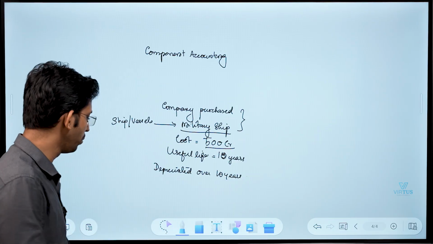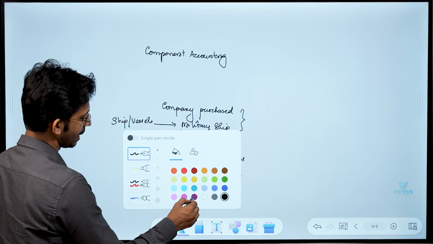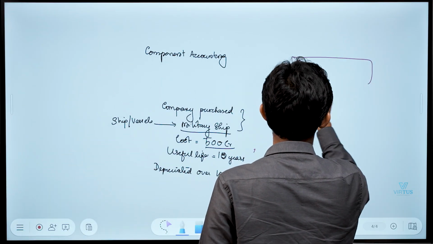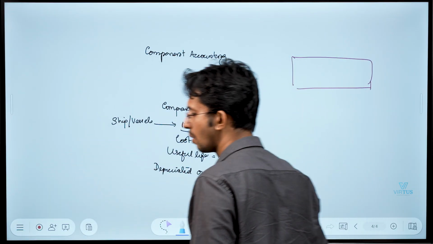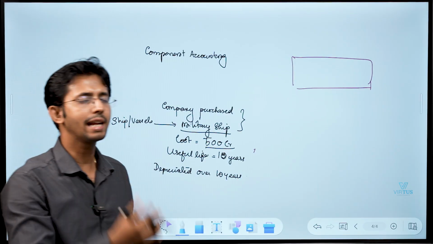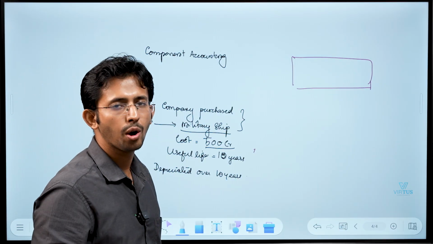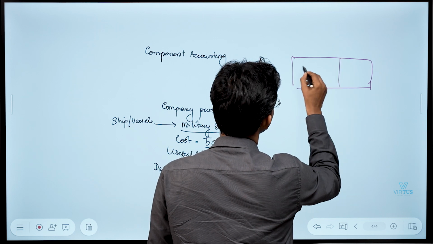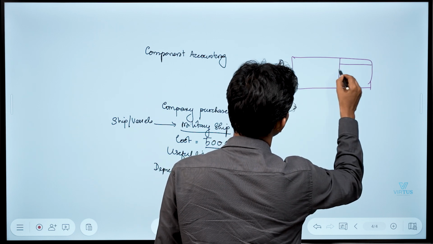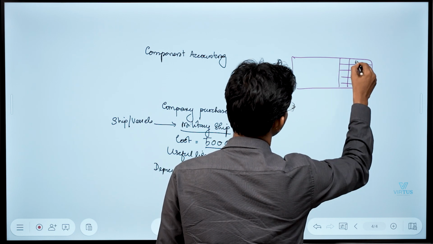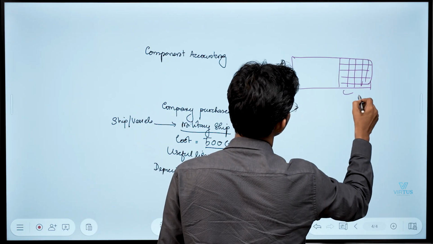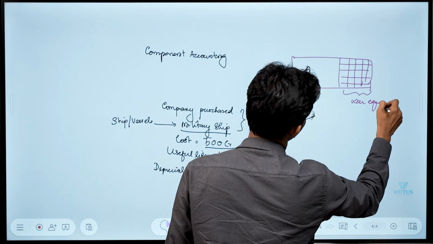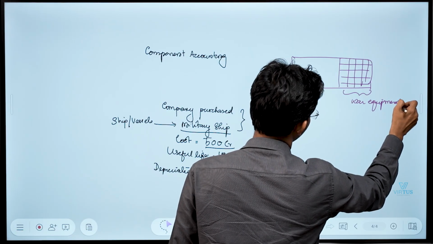Now I am going to give you another example. Suppose this ship has got some specialized war equipment or warfare equipments. Let us say this is the ship and this constitutes the warfare equipments. A portion of this is war equipments, maybe heavy tanks or anything.